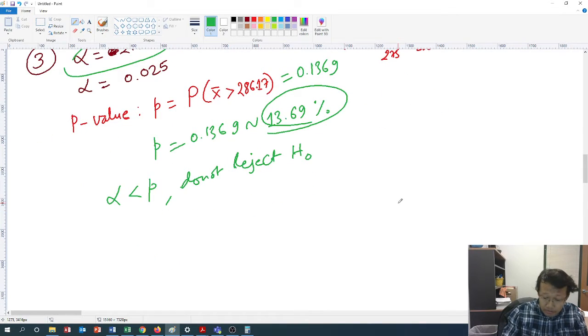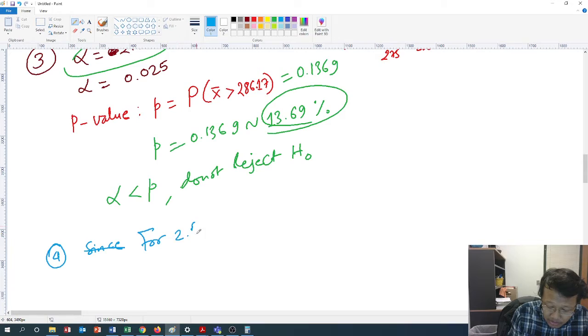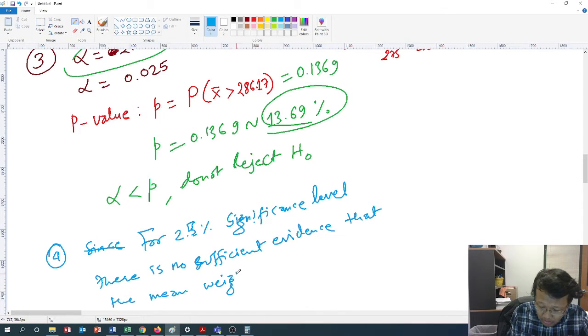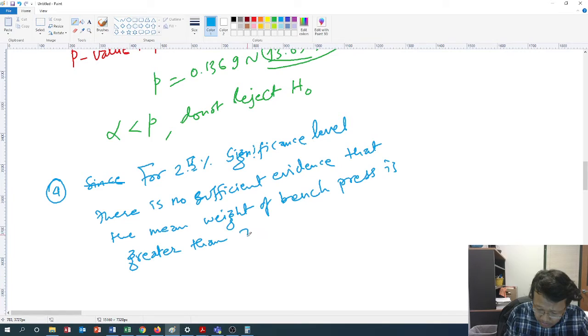If we want to conclude, we can write that at the 2.5% significance level, there is no sufficient evidence that the mean weight of bench press is greater than 275 pounds.